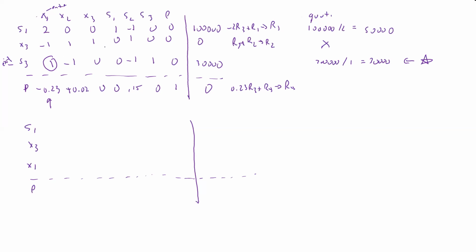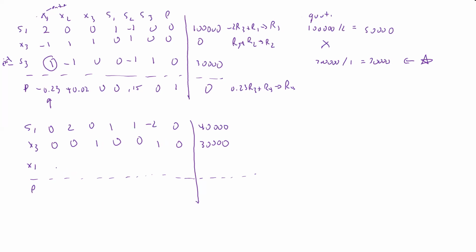We took minus 2 times this plus that, so that's going to go 0, and then we have a 2, and then we have a 0, a 1, a 1, a minus 2, a 0, and then that's only going to be 40,000. Okay. And then that's going to be a 0, and then a 0, then a 1, and a 0, a 0, a 1, and then a 0, and then add that together, that's going to be 30,000.